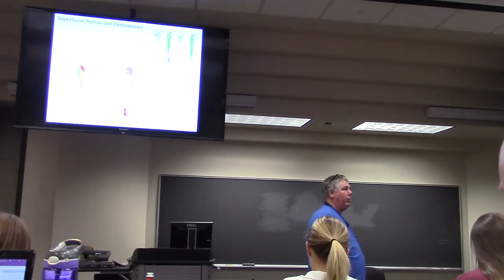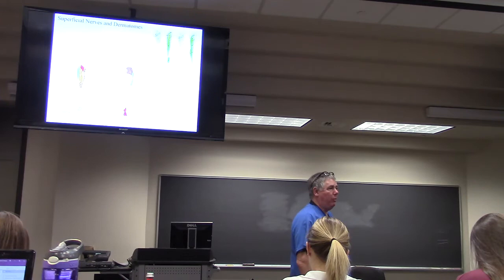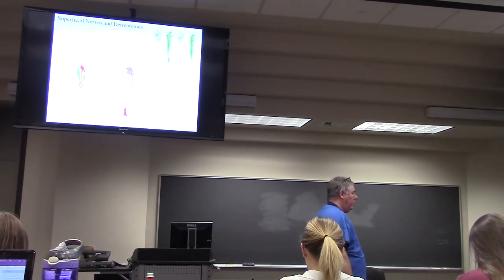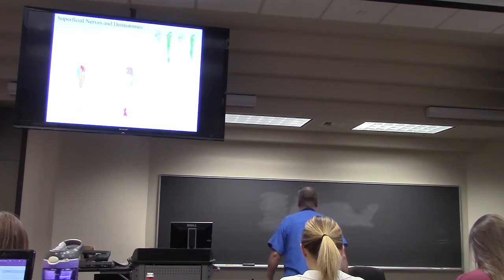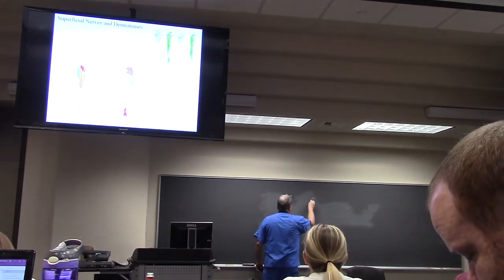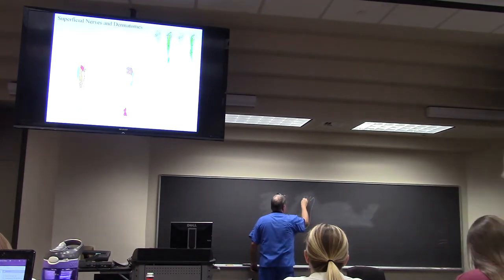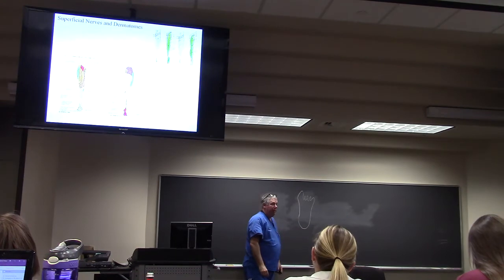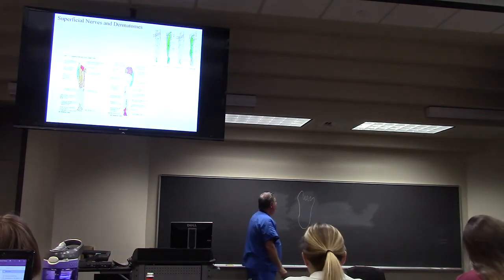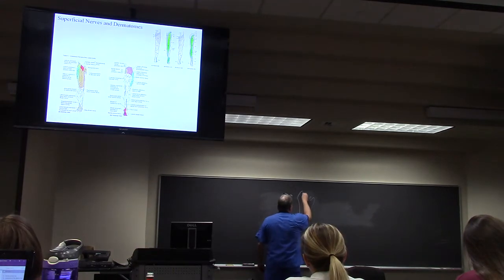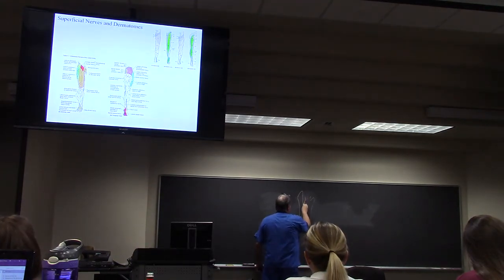There's a deep peroneal and a superficial peroneal. The deep peroneal, if this is your foot, that's your foot, big foot. The deep peroneal supplies a little triangle right there.